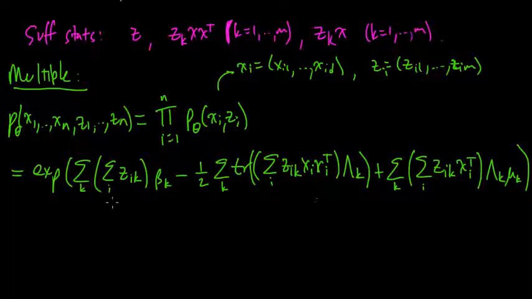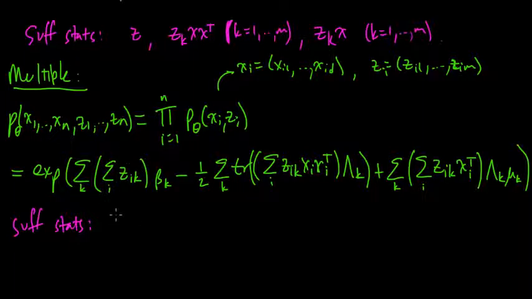So the sufficient statistics this time are the sufficient statistics for this distribution. This is also an exponential family, but it's an exponential family over all of these random variables. And the sufficient statistics are just these guys right here.